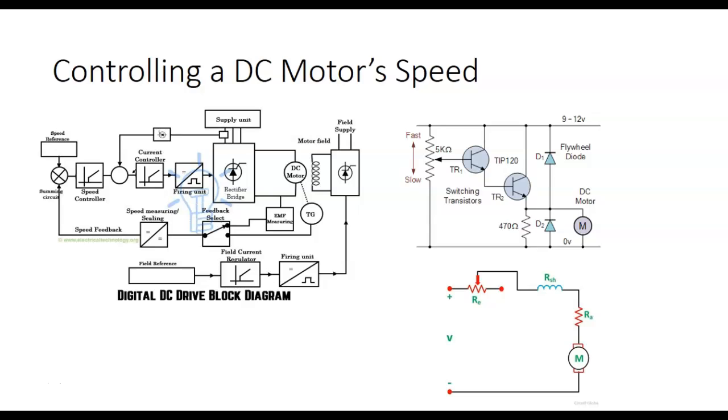So we came up with a method using what we call silicon controlled rectifiers. What we would do is start out on AC, and then we would end up with something like this. And then the motor would average that out. What we would do with these SCRs is delay.